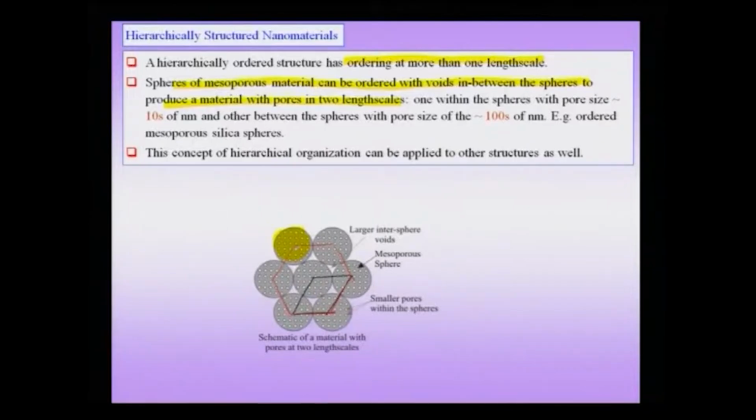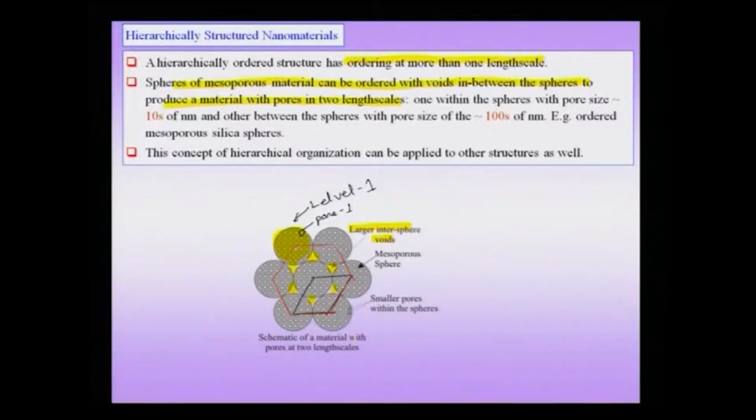Now, when I do this 2-level assembly, level 1 being the particle itself, and level 2 being the assembly into this hexagonal array, then I see that there are pores here. So, I can call this pore 1, which is at a smaller length scale, but additionally you also form these larger voids between the particles.